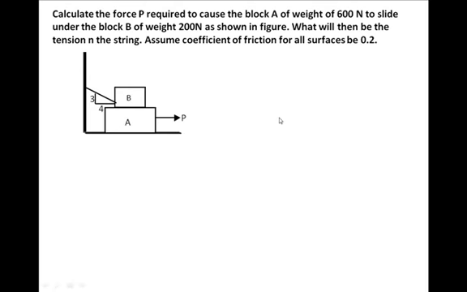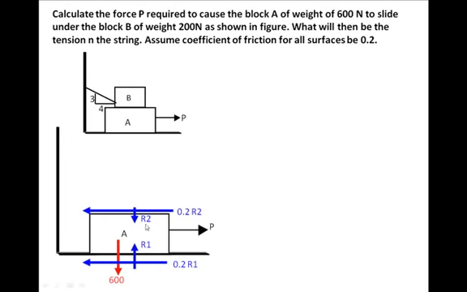Now, what we do is draw the free body of every body. See the lower body, we draw all the forces and understand them: P, the weight, the reaction from the ground, and the reaction from body B. Don't mistake R2 as the weight of the body. It may come, it may not come, that we'll see.